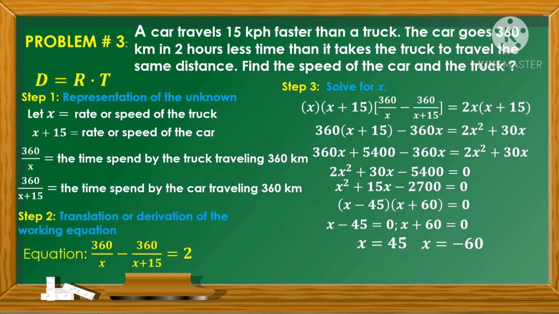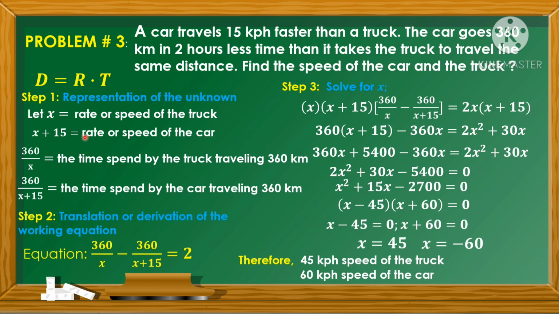Yung 45 ang siyang kukonsider natin rate or speed of the truck, kasi yun yung na-represent natin sa x. So, ibig sabihin, yung 45 kilometers per hour, yung speed of the truck. Tapos, yung 60 kilometers per hour, yun naman yung speed ng car. Paano nakuha ito si 60?